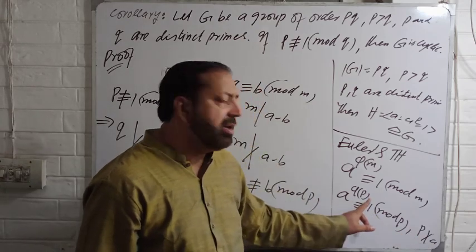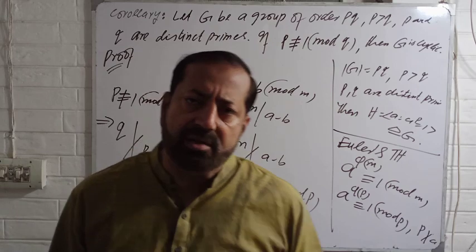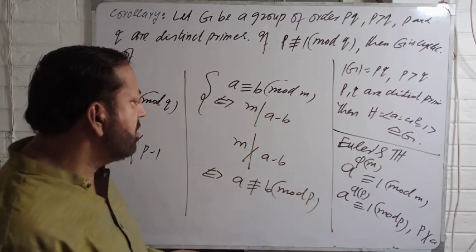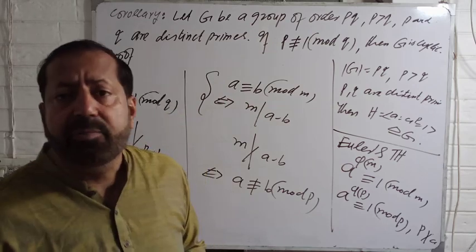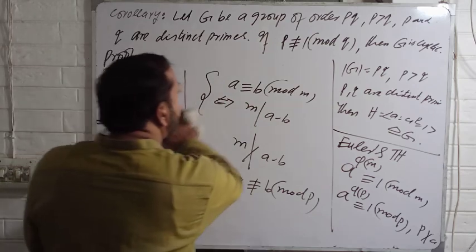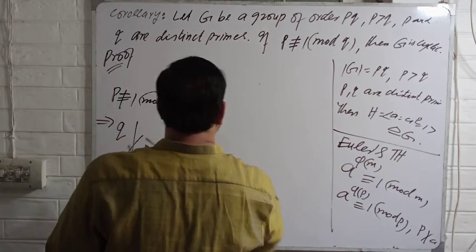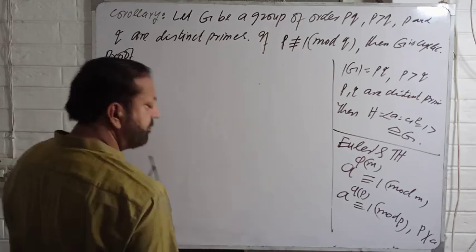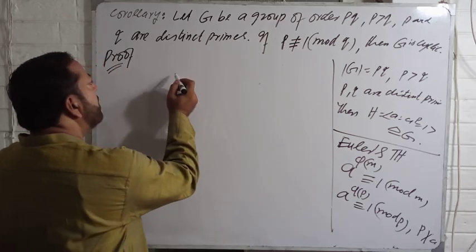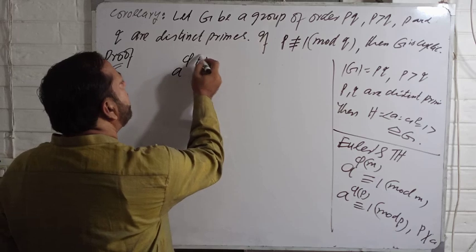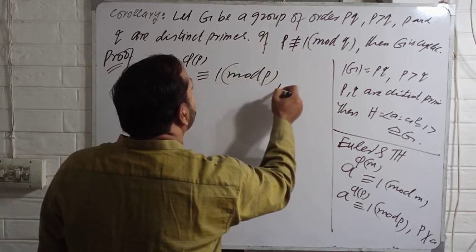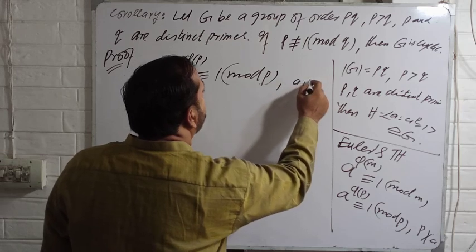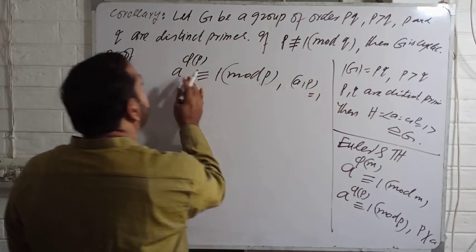And what is phi of P? Phi is Euler's phi function. You know that if P is a prime number, then phi of P is equal to P minus 1. So one result is A power phi of P is congruent to 1 mod P when A and P are relatively prime.